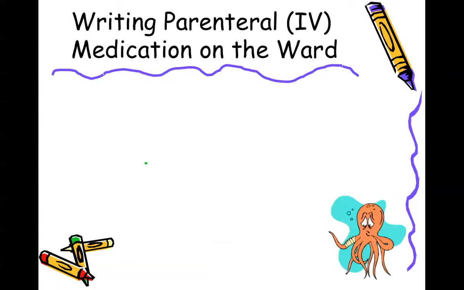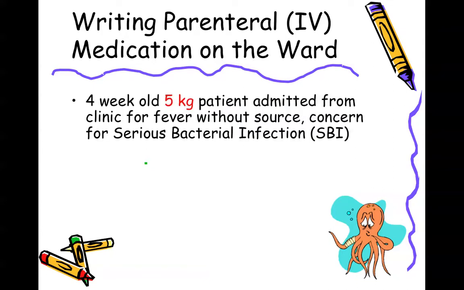All right, for on the ward, if you were going to give an IV medication, we're going to practice that with a case where you have a 4-week-old, 5-kilogram patient who comes to clinic with a fever, and you cannot find a source and you are concerned for a serious bacterial infection. We see this all the time, and we commonly work these children up for urine infections, blood infections, and meningitis.